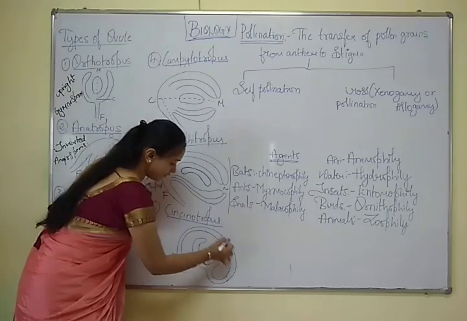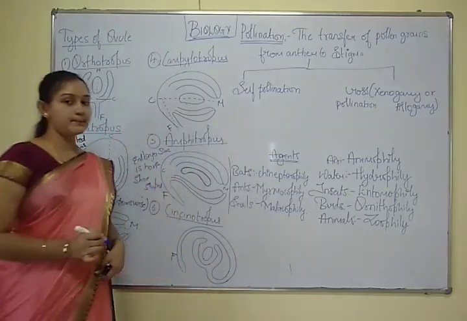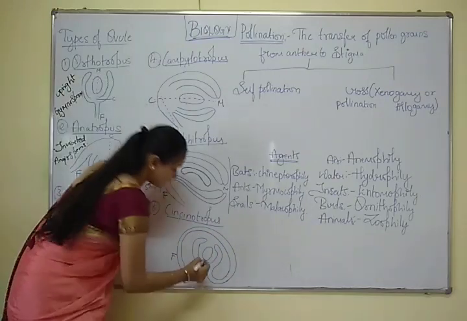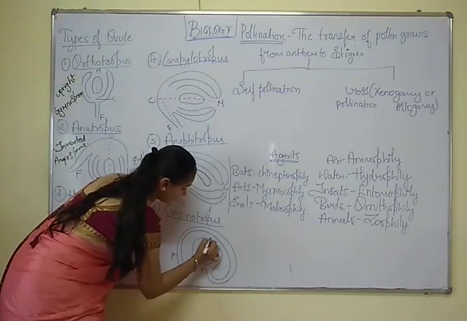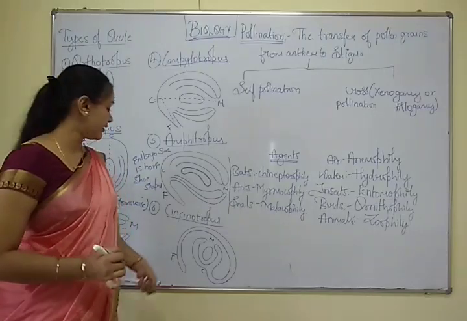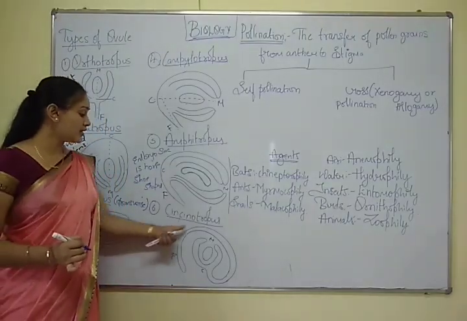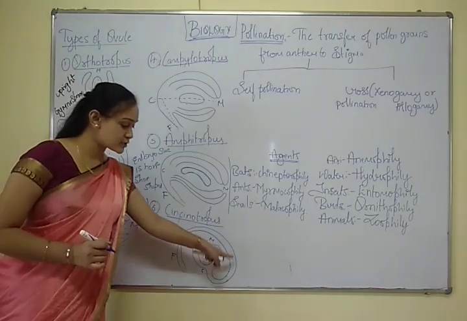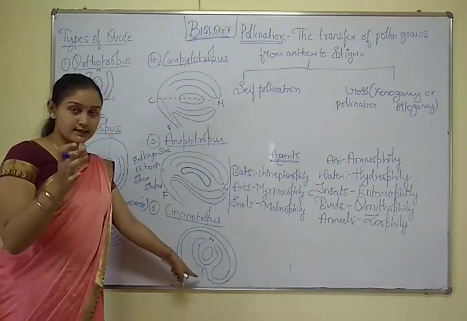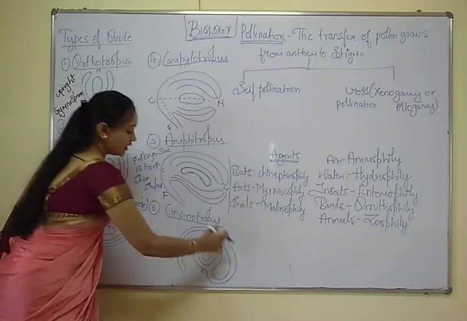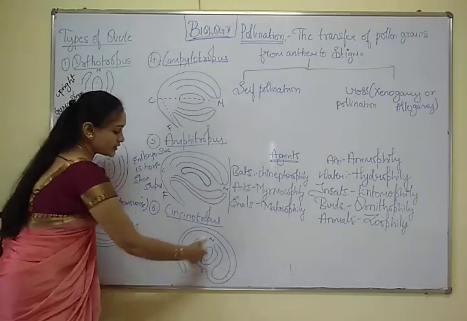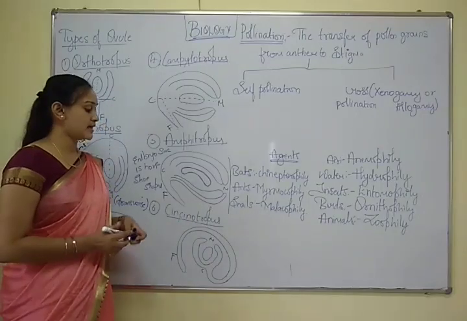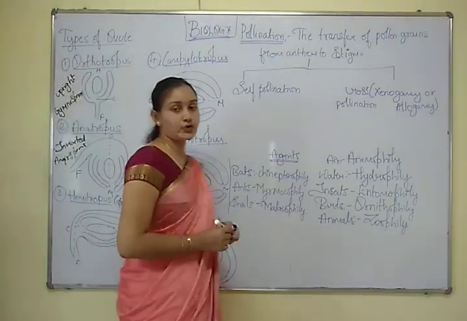This is the funicle stalk, this is the chalaza end, and this is the micropylar end. The funicle is very long, so it is curved around the main body of the ovule. This type is called a syncytiotropous ovule.